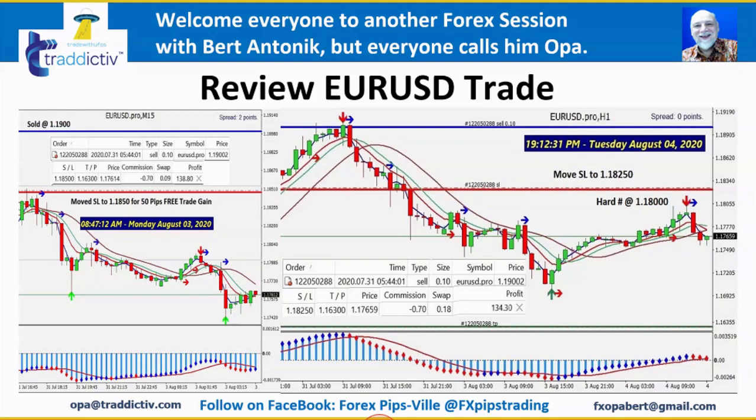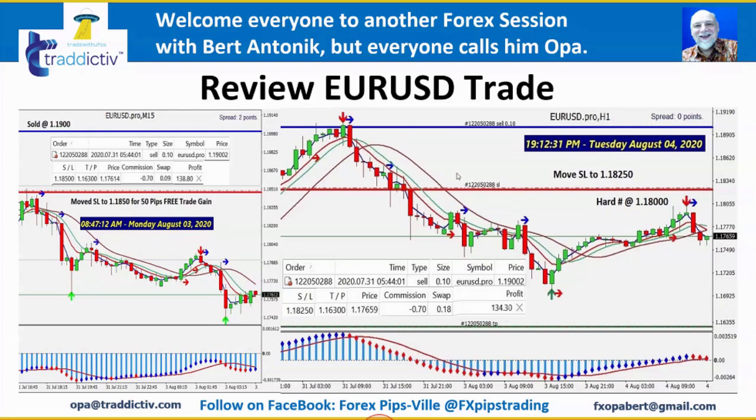Losing 100 pips with a pullback is not something that is very pleasant, but hey, we still have 50 pips in our pocket here. All right, so then that was Monday.